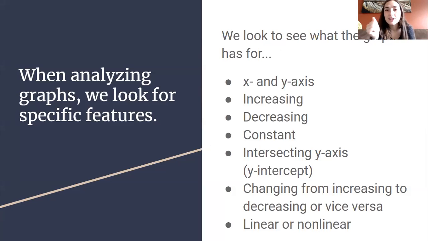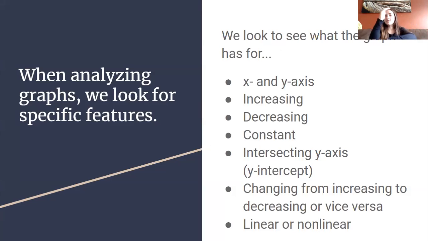So let's look at our first slide of the analyzing graphs notes. First of all, when we're analyzing graphs, we want to look at these key features. We want to look at the x and the y-axis. What does the x-axis represent and what does the y-axis represent? Remember, x is short and fat, so x is the side-to-side axis. Y is long and thin, so it is our up and down axis.